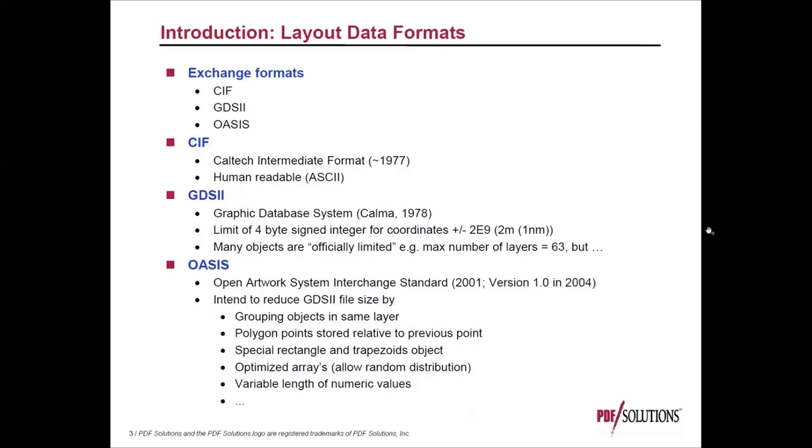One of the powerful things is variable length numeric values, so you don't have a fixed 4-byte or 8-byte integer. It's dynamic. You can have an n-bit integer, which of course by itself causes other problems.